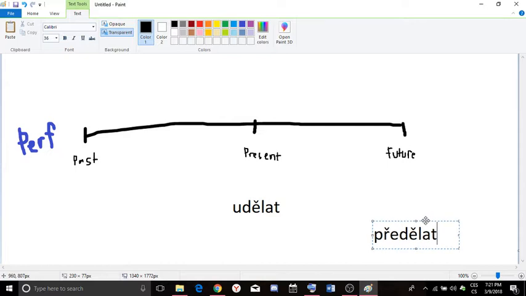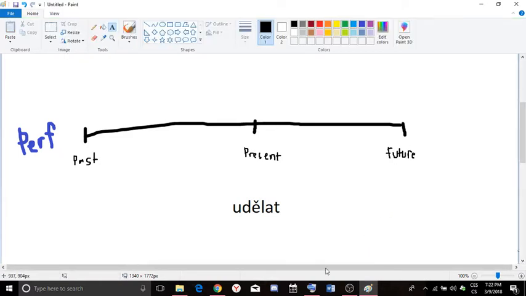Podělat, přidělat, and so on, to make different verbs. But we will really only be working with udělat because this is almost the exact same meaning. The only difference is that it's completed, or it is perfective. So perfective means it is completed.